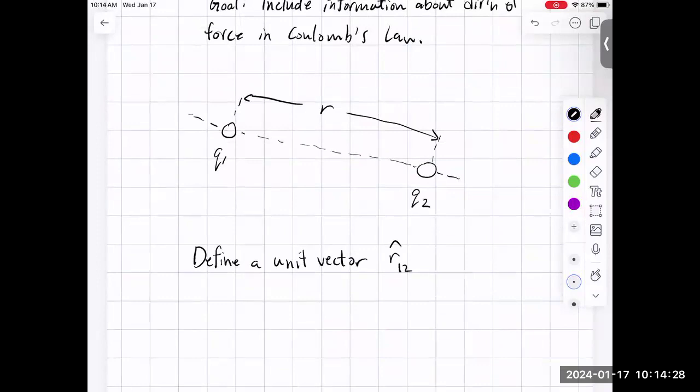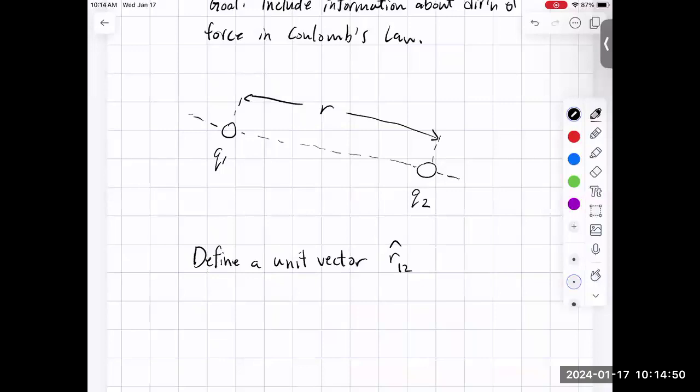Now, I assume that you've used unit vectors in physics 111. So for example, you may have used I hat or X hat as the unit vector along the X axis, J hat or Y hat along the Y axis. And maybe if you did anything with the Z axis, you could use K hat or Z hat as a unit vector along the Z axis.